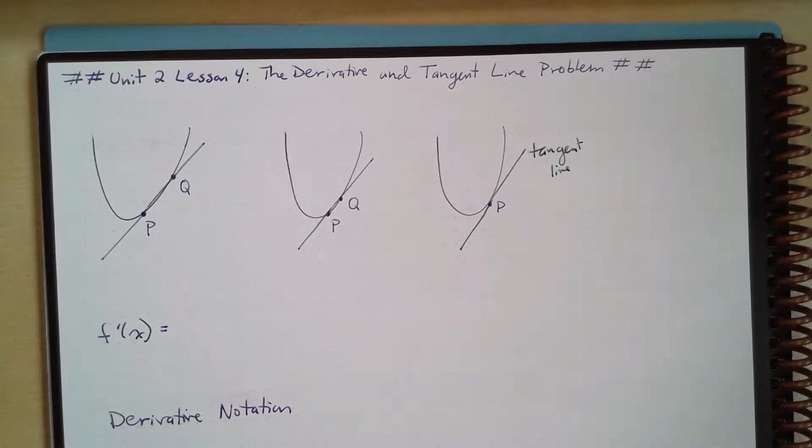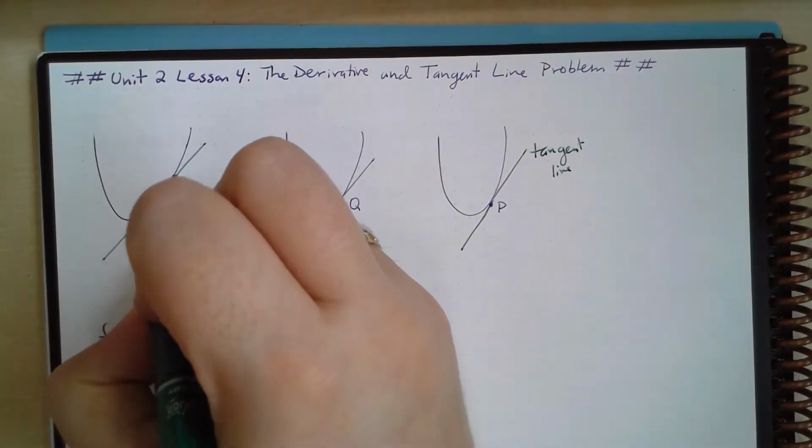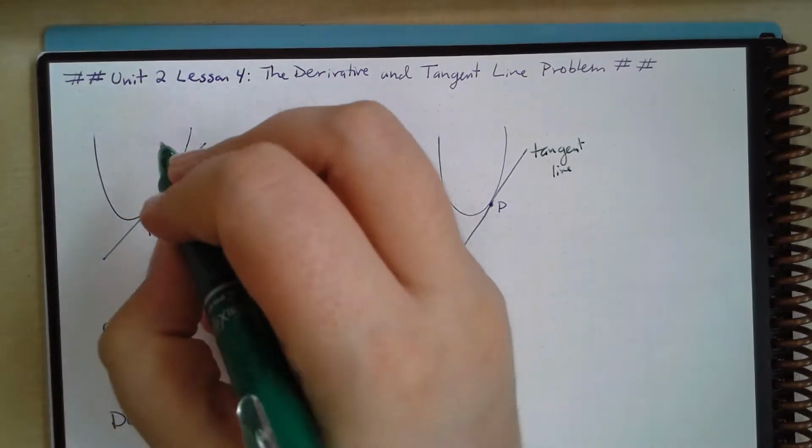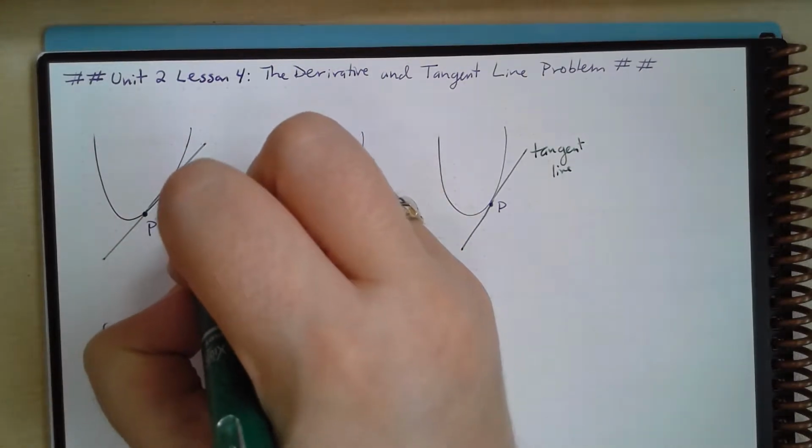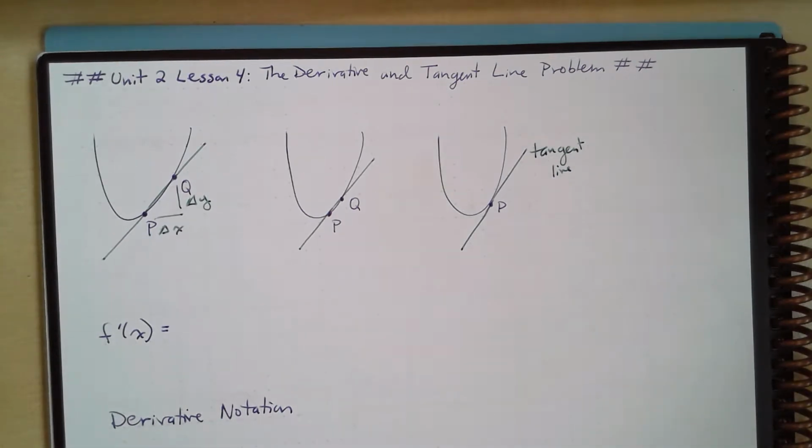So actually, you could find the slope of the secant line by having a change of x here and a change of y here and calculating that. But really what we're interested in is the definition of the derivative.